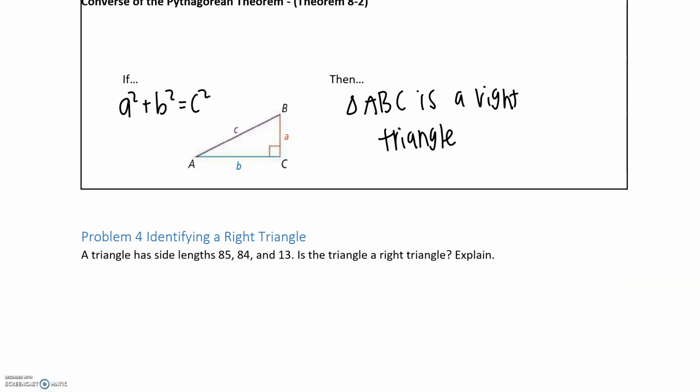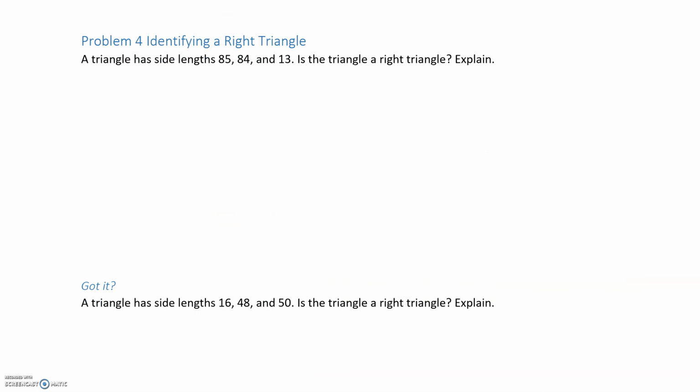Okay, so if we move down here, if we have the side lengths of 85, 84, and 13, we want to know if it's a right triangle or not. So our 85 is going to be our c because it is the longest. So we're going to have 13 squared plus 84 squared equals 85 squared.